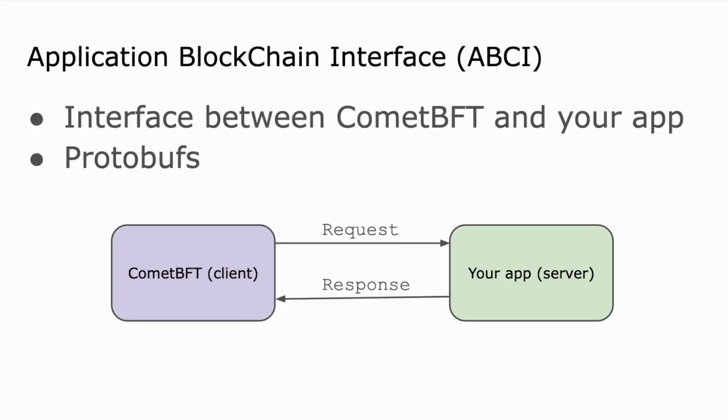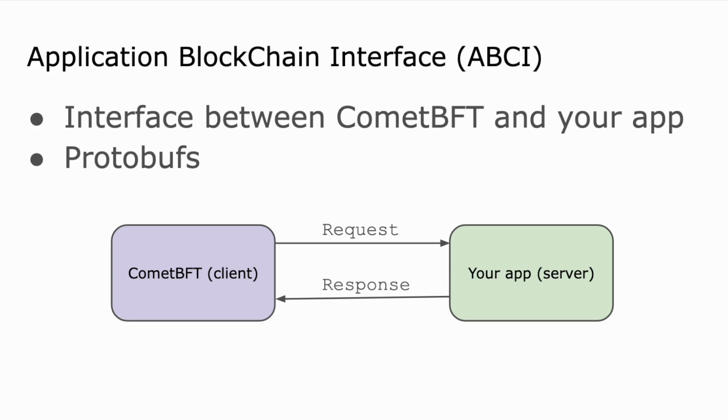ABCI is the interface between CometBFT, which recall is the state machine replication engine, and your application, which defines the state machine that's being replicated. ABCI is a programming language agnostic communication standard, which is defined as a set of protocol buffers or protobufs.